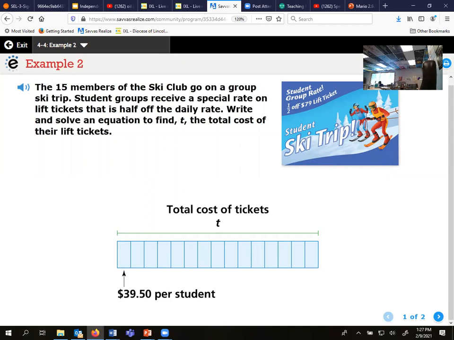Okay. How many students are in this group? Axon? 15. You can count the number of boxes, or it says it right there. Okay, so we're going to write an equation using this information that we were given.